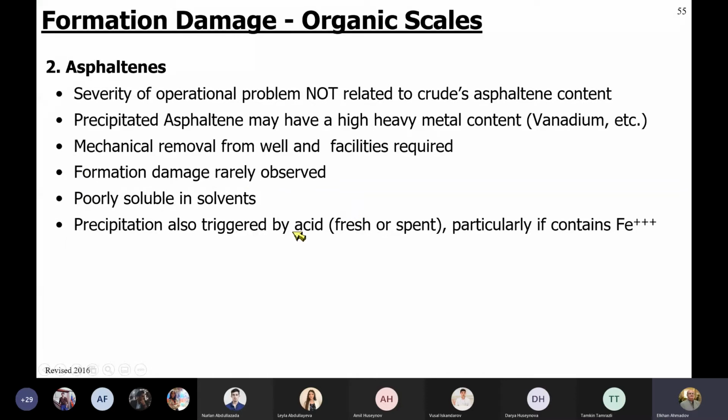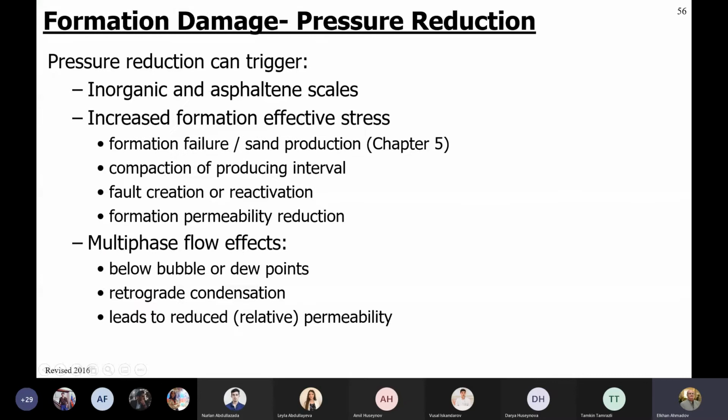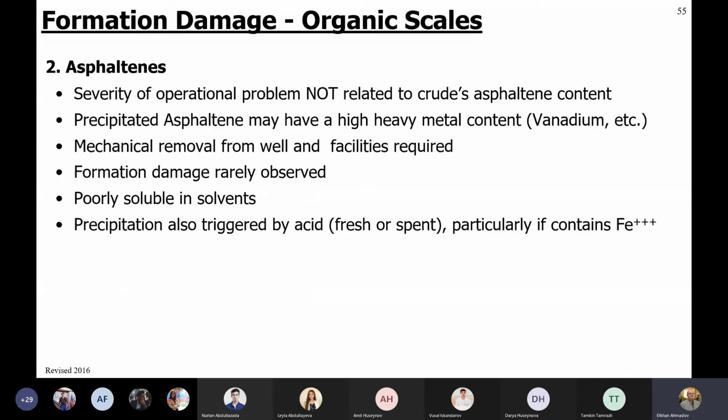Fortunately, it is very rarely seen in the reservoir, but it can damage the wellbore tubing and surface facilities, and it's cleaned by scraping, so mechanically.